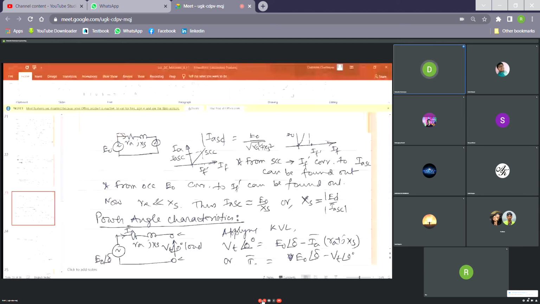If you calculate the power, you will find that this angle plays a significant role in power delivery from the machine to the load or to the grid. Therefore, this angle is known as the power angle, the angle between E0 and VT.